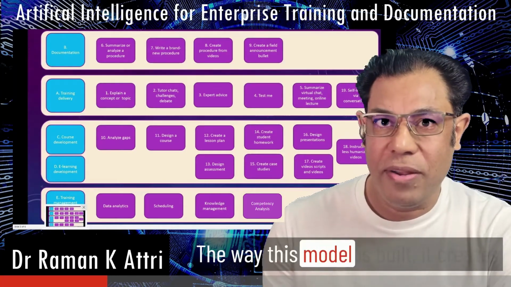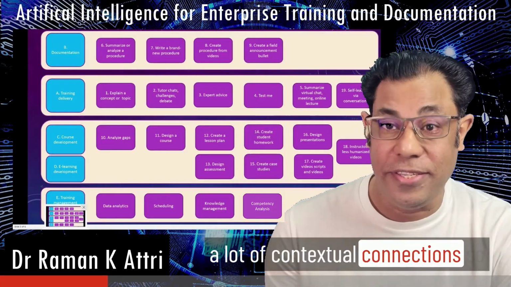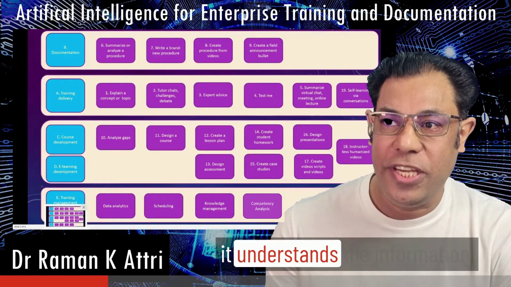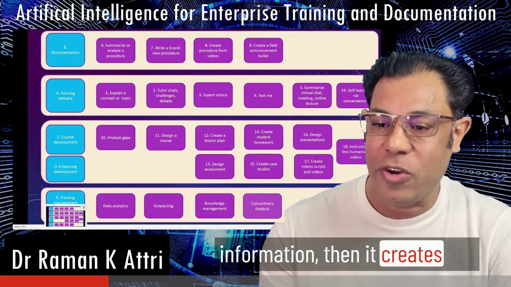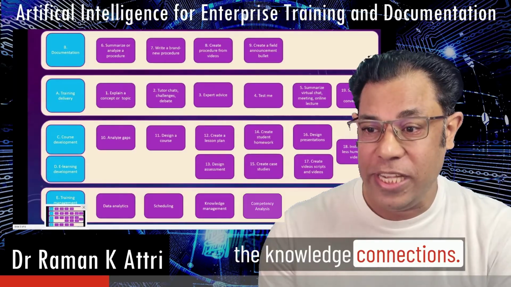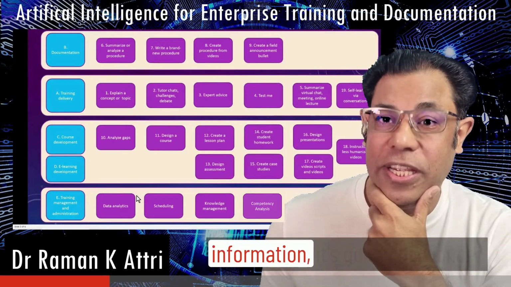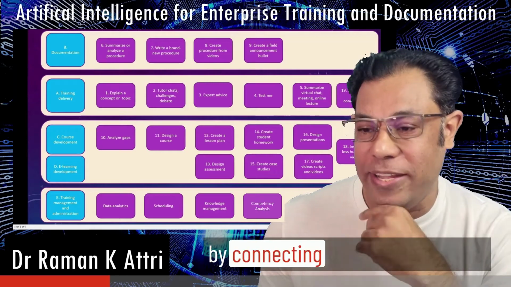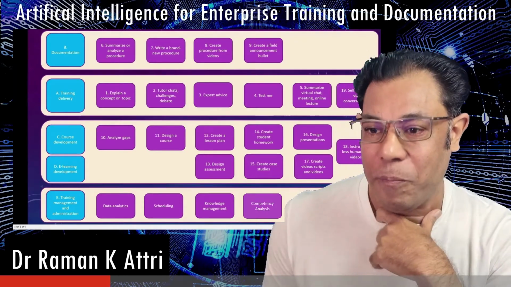The way this model is built, it creates a lot of contextual connections. So even if you provide half-cooked information, it creates its own neurons where it can create the knowledge connection. My experience with this one is even if you provide very little information, it's going to do wonders by connecting that knowledge in a way you may not have anticipated before.